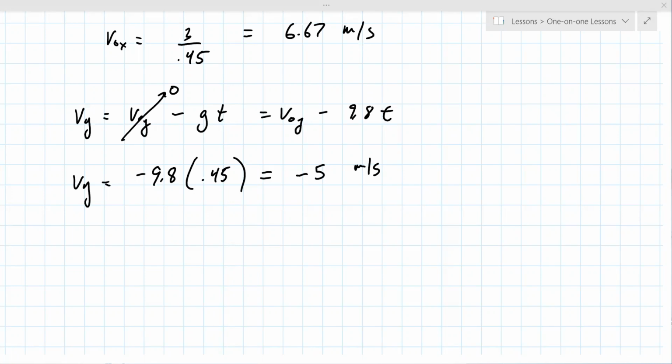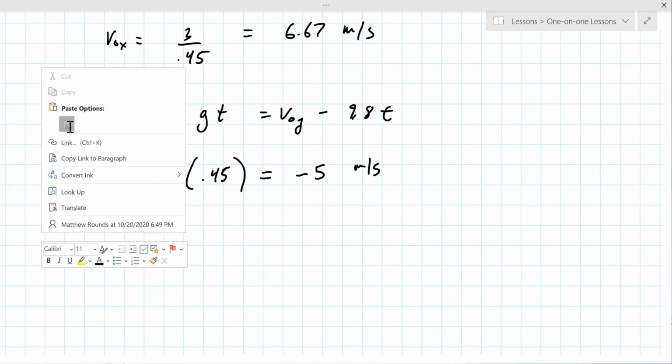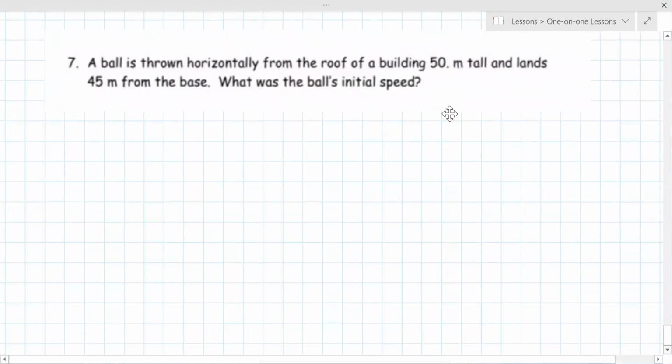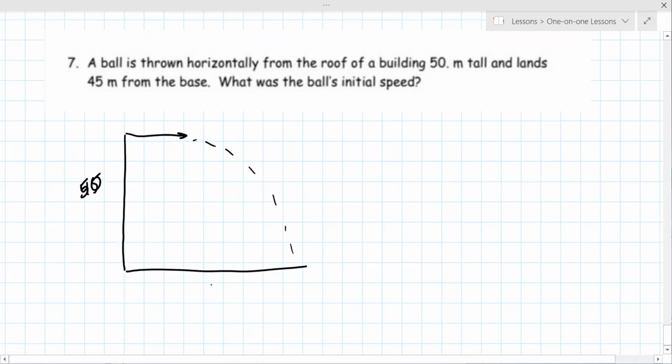What was the ball's initial speed? All right, I'll just go through this real quick without a lot of explaining, and maybe you'll have the video and the notes later on. So we're going to use the y equation. It's always good to draw a picture. The roof is 50 meters tall, and the ball is thrown horizontally and lands 45 meters away. So we need time. We know that it started out 50 meters minus 4.9 t squared, and that's 0.